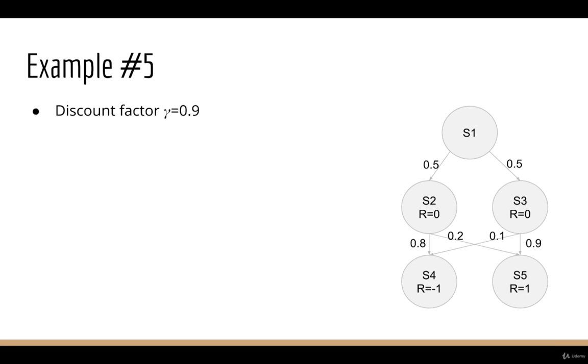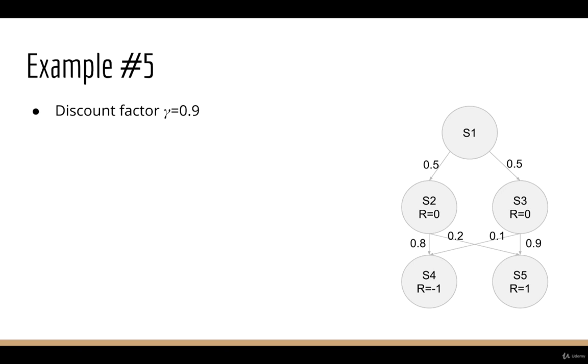In this next example, we're going to extend this problem just a little bit further. The expected value in the previous example was easy to calculate because you always ended up in the same terminal state S4. In this example, that won't be the case. Note that S1 can go to either S2 or S3, but from S2 or S3, we can end up in either S4 or S5.